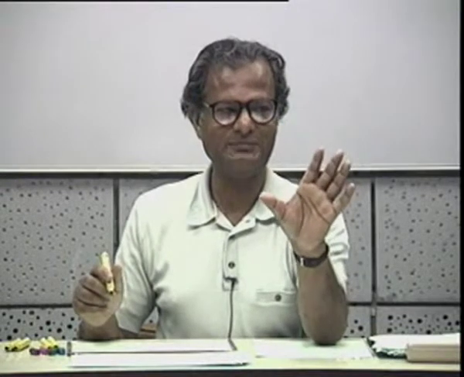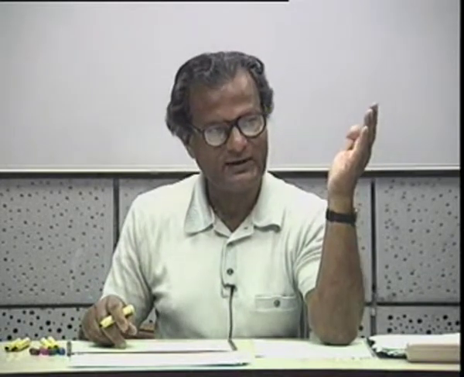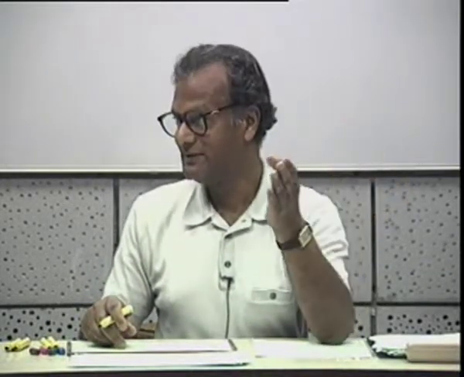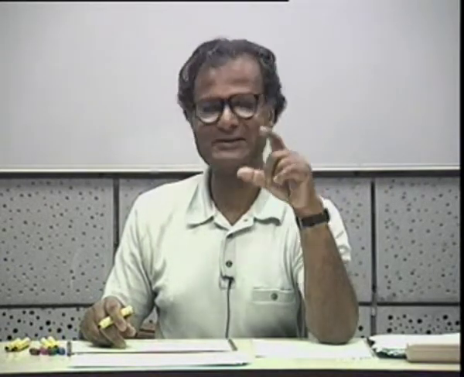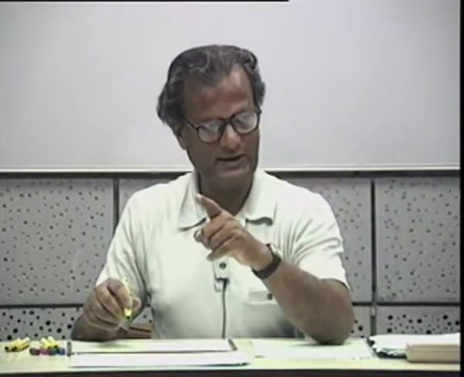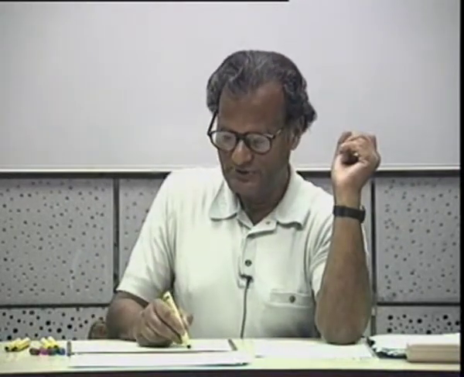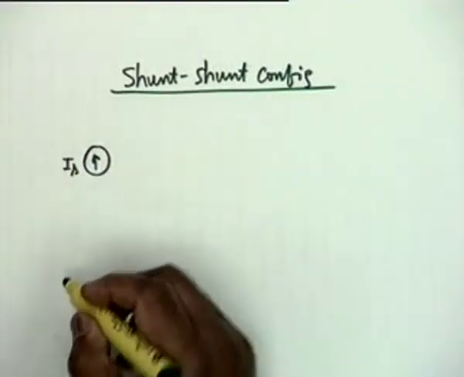What should be your basic amplifier? Basic amplifier should have an input of current, and the output? Output is also a current. No, it is a shunt, voltage. So it should be a current to voltage amplifier, and therefore we choose the input source as a current source.